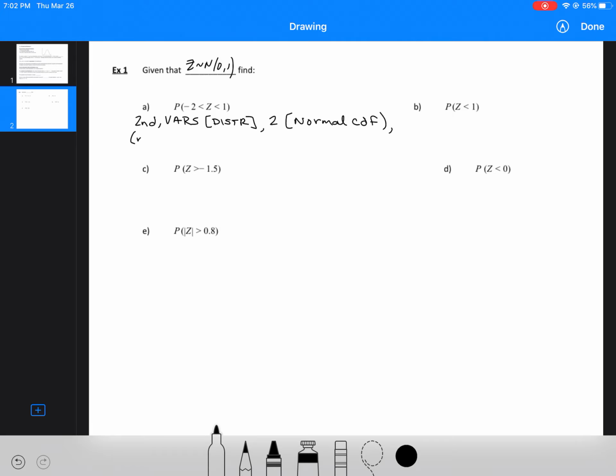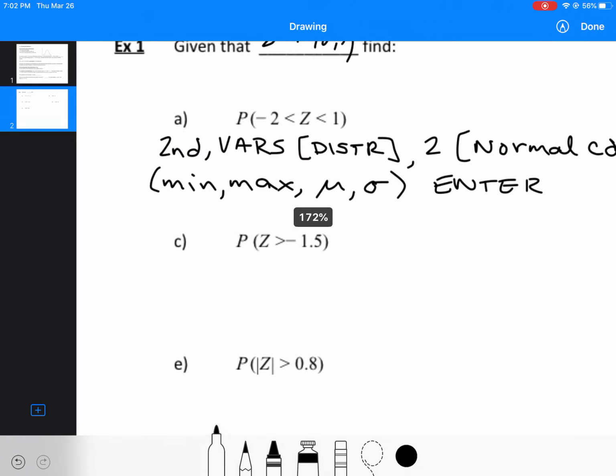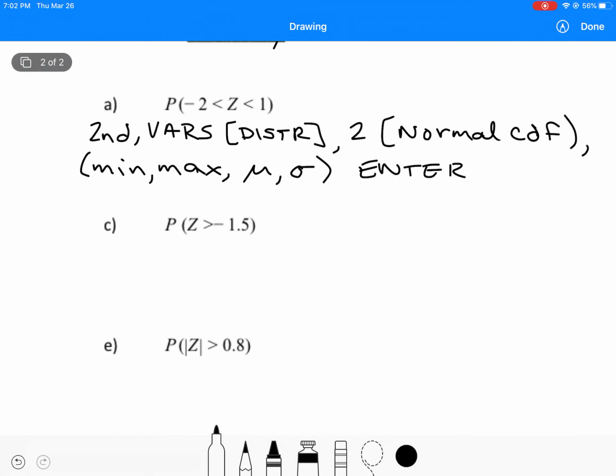The arguments for this function are the minimum, the maximum, and then you're going to use mu and sigma, and then you would press enter. On a newer graphing calculator, it probably just asks you to enter them and tells you what it is. If you have an older graphing calculator, you'll need to enter them as arguments, just in this order.